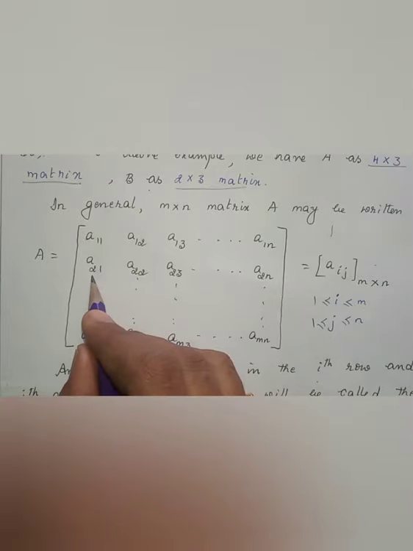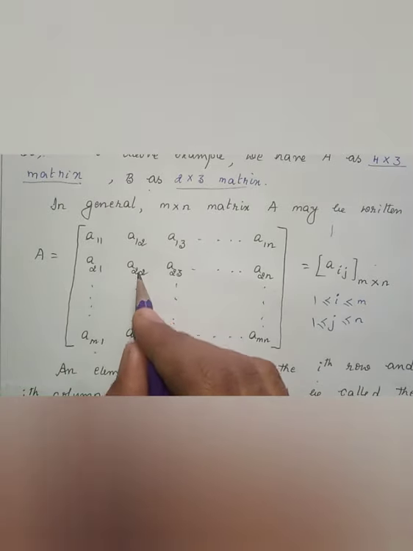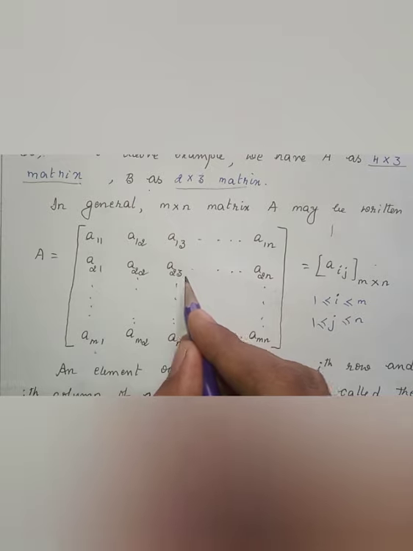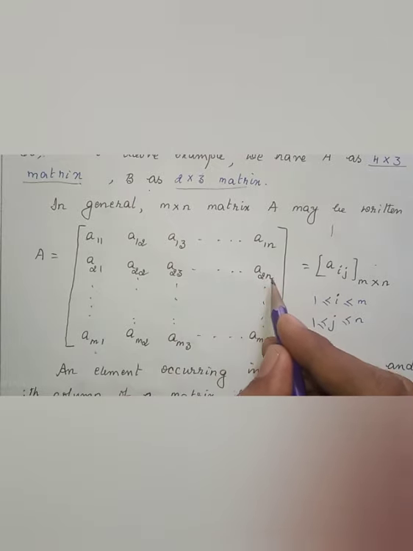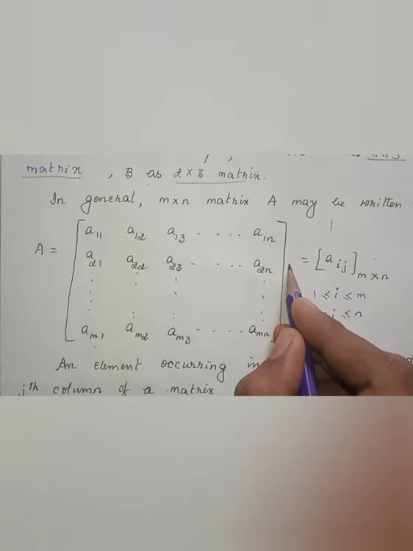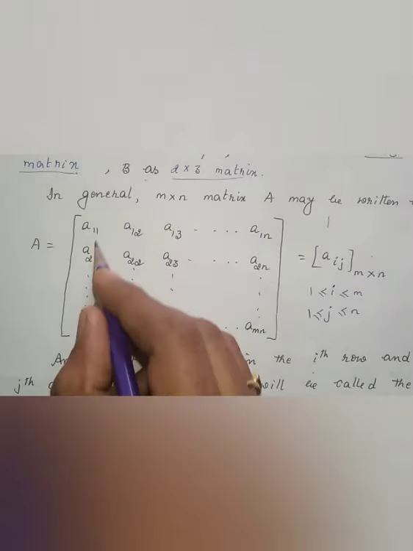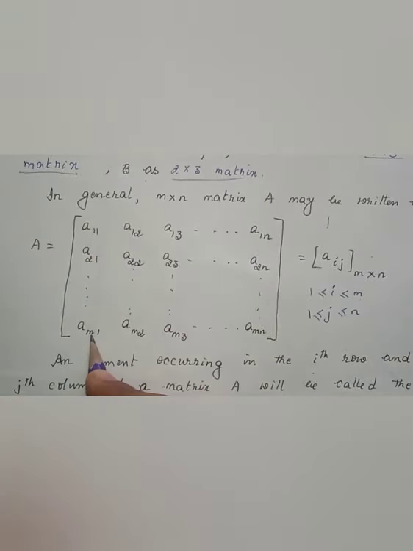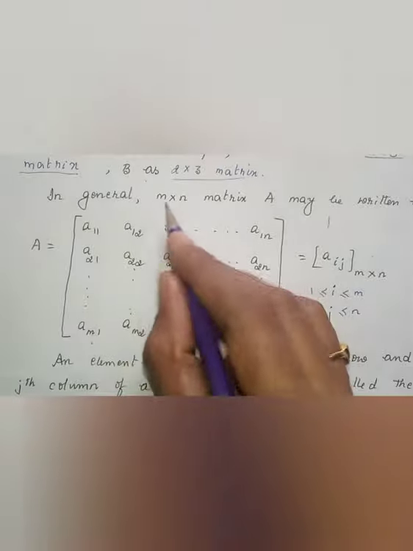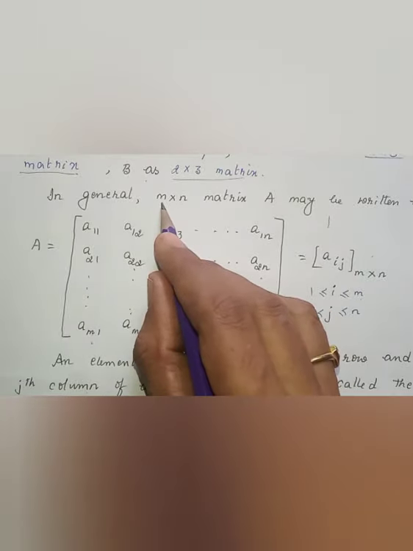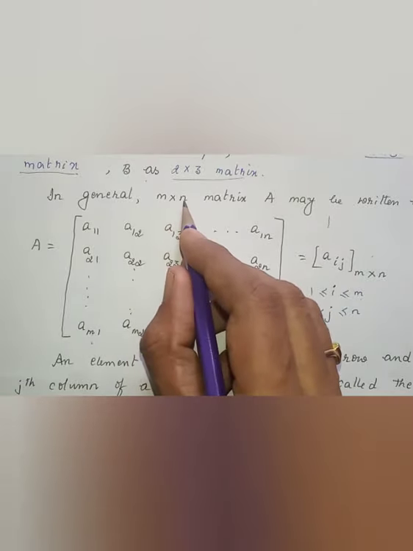Then A21, A22, A23, etc., up to A2n. These are the entries of the second row. That continues up to the mth row, because this is an m by n matrix. The number of rows is m, the number of columns is n.